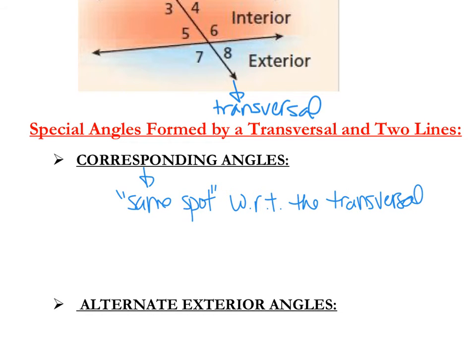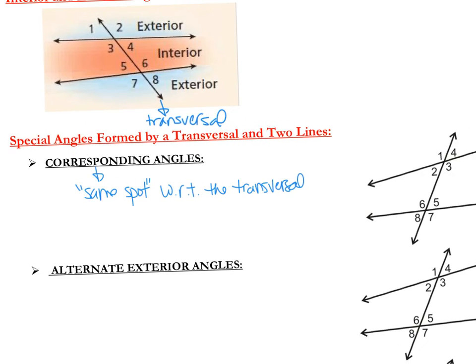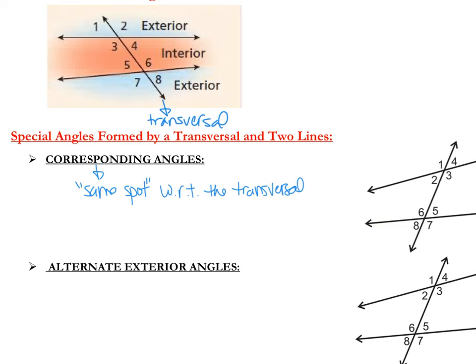So I'm going to highlight my transversal, which is this line right here. And then let's say I started with angle 1. I want to find the same spot on the other line with respect to the transversal. So here is one set of numbers. It's in the upper left, so I want to use the upper left down here. So we would say angle 1 and angle 6 are corresponding angles.